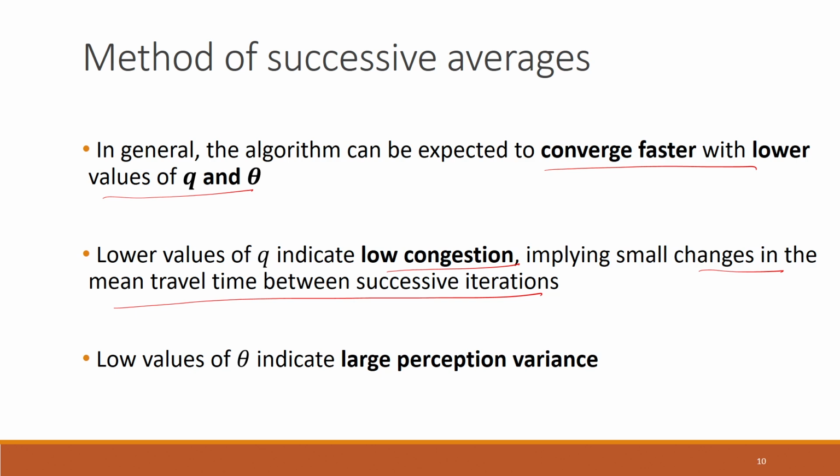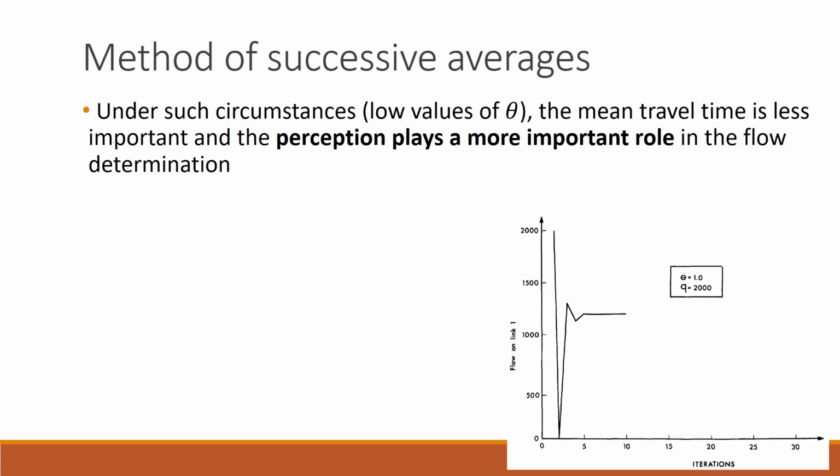And low values of theta indicate large perception variance. When large perception variance is there, the mean travel time is less important and the perception plays a more important role. Therefore, the convergence becomes faster, because you do not have to rely more on the mean travel time values, which may change with the iterations. Since the reliance on mean travel time has reduced, the convergence becomes faster in that case.